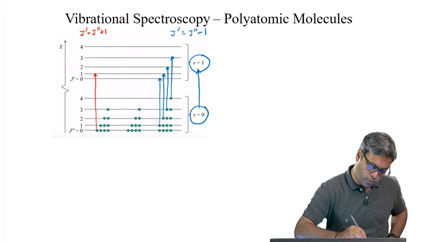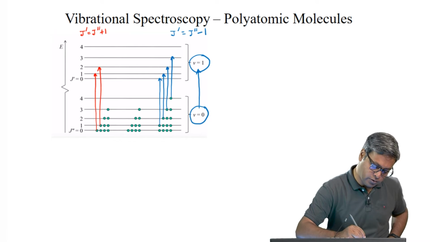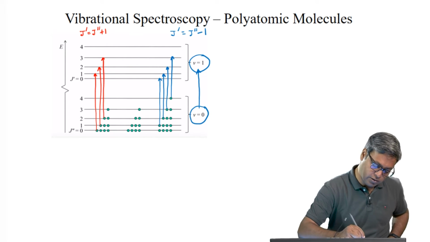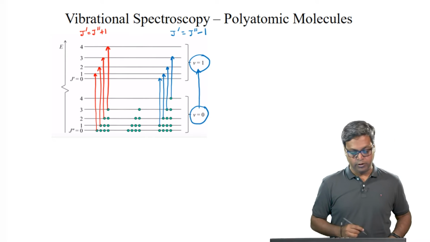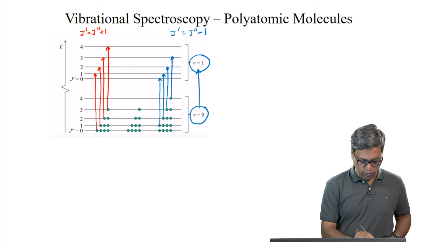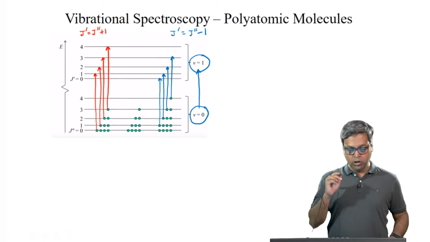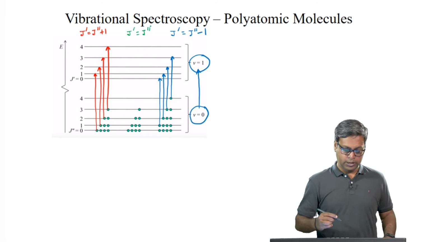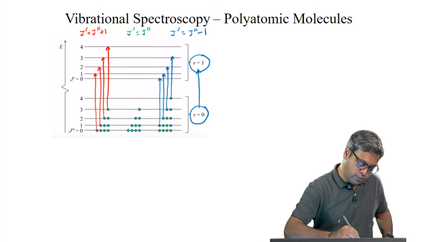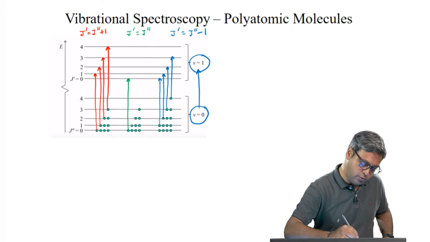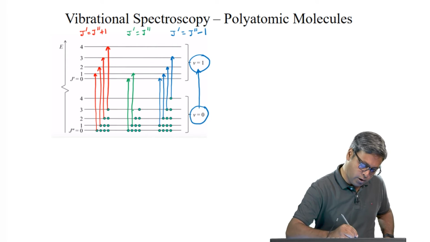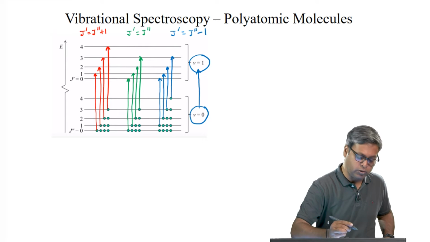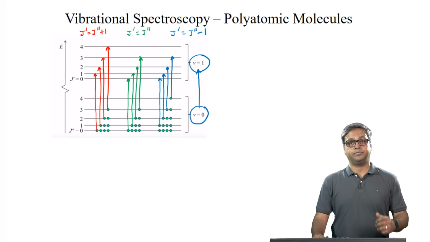Similarly, I will have 1 to 2 transitions, 2 to 3 transitions and 3 to 4 transitions. Now, if we draw the Q branch, for which I have J prime equals J double prime, then I will have transitions from J equals 0 to J equals 0, J equals 1 to J equals 1, J equals 2 to J equals 2, J equals 3 to J equals 3 and so on.